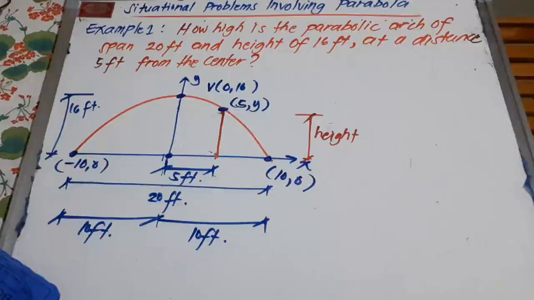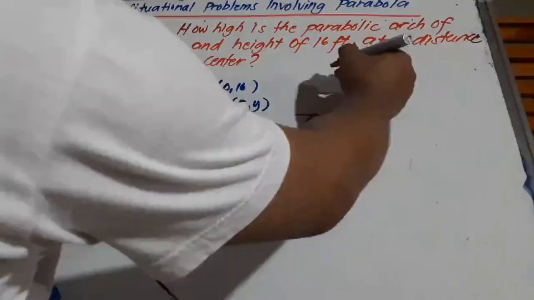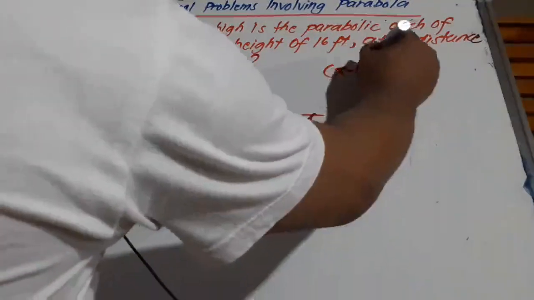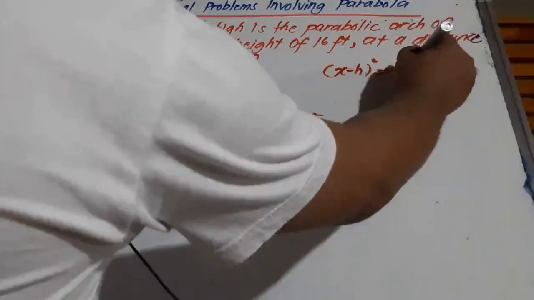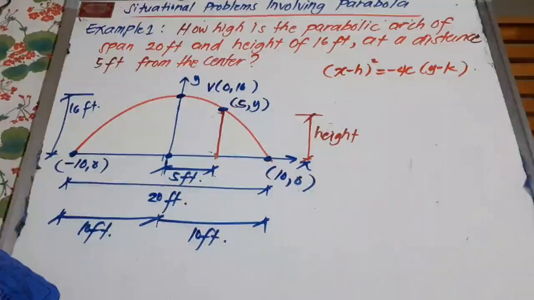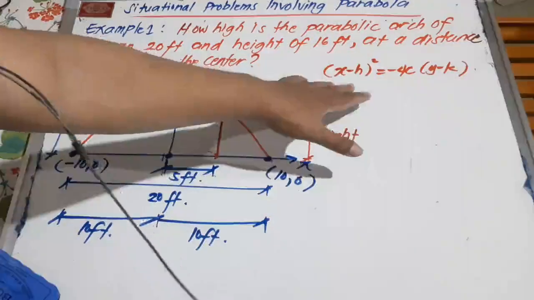Therefore, the standard equation that we're going to apply for this situation is (x minus h) squared equals negative 4c (y minus k). Bakit? Kasi ang parabola natin ay opens downward. So, ito ang magagamitin natin equation.